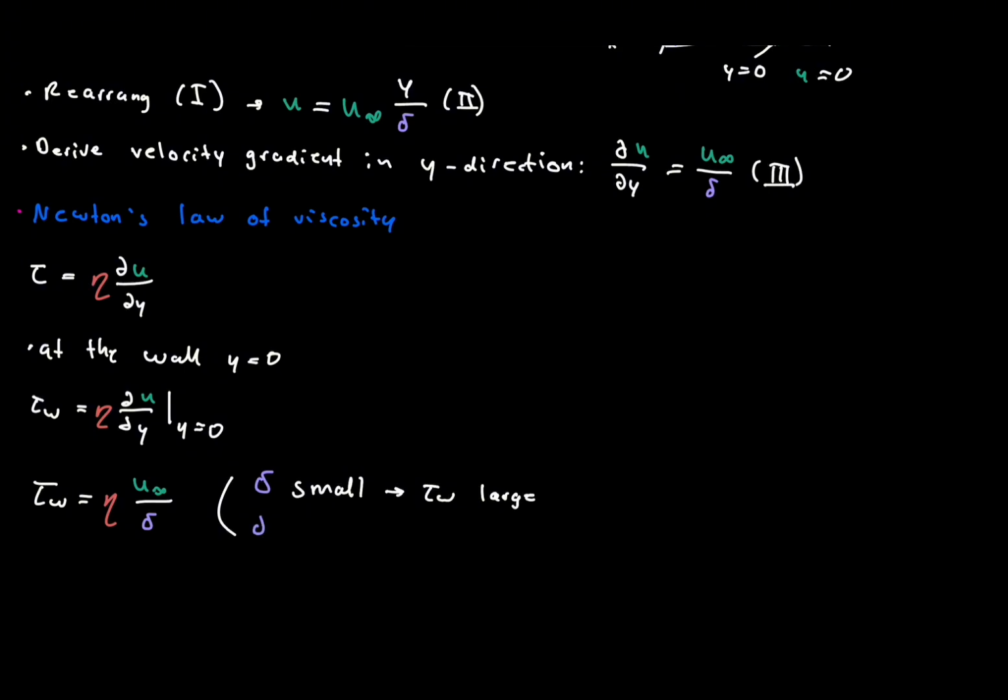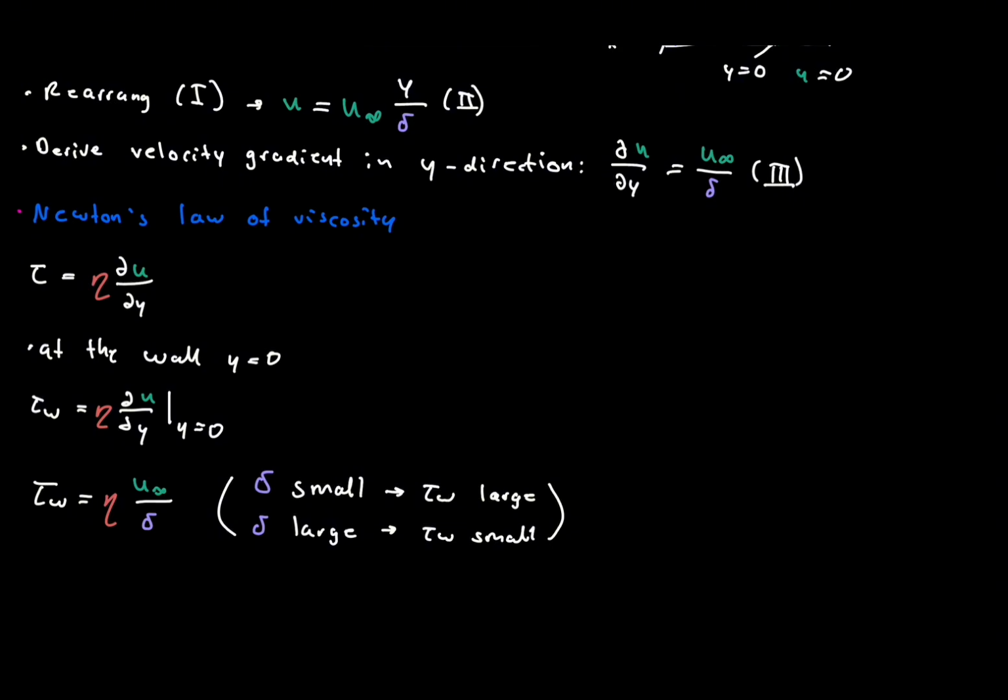If delta is large, then the velocity changes more gradually. The gradient is smaller, and the wall shear stress becomes smaller. So we can summarize this in one sentence. A thin boundary layer produces a large wall shear stress. A thick boundary layer produces a smaller wall shear stress.